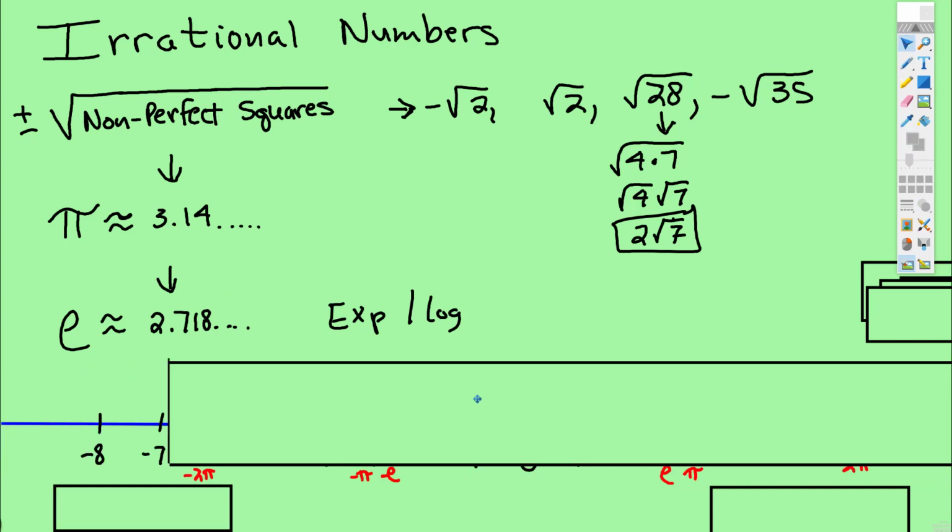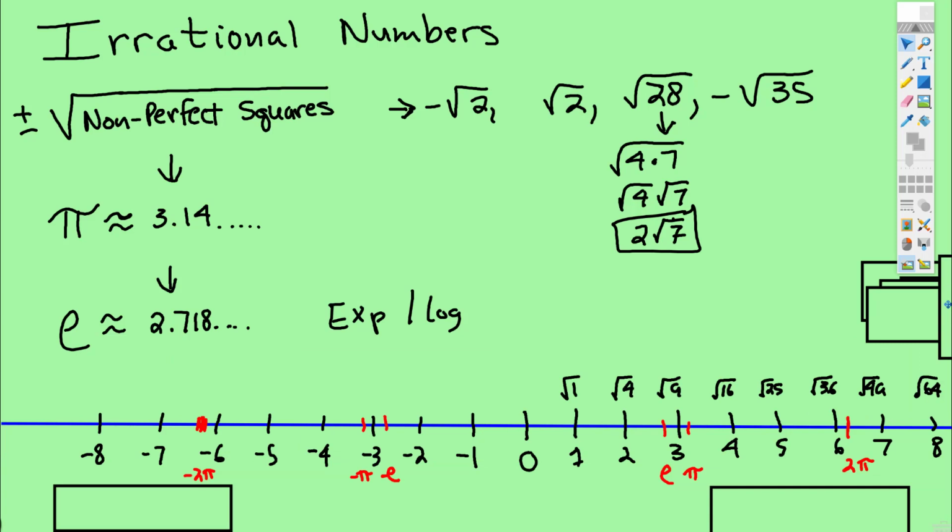Okay, to give you an idea, I created this number line, and notice the blue number line, I have 0, 1, 2, 3, 4, 5, 6. So the square root of 1 is 1, the square root of 4 is 2. And let's do the square root of 2. Well, the square root of 2 is about there, the square root of 3 is about there.